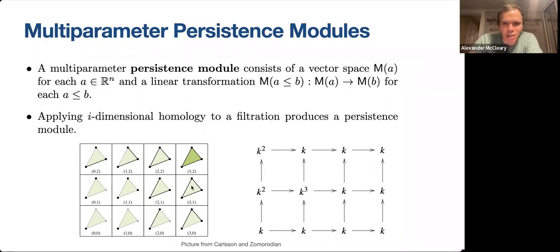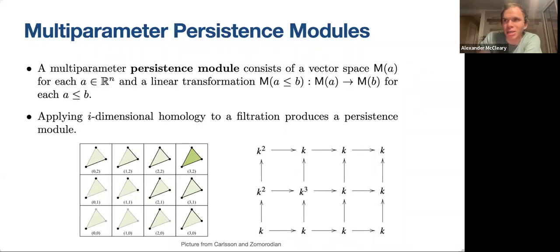And what we get is a vector space for each point in this grid, and a linear map whenever a point is less than or equal to another point. So this right here on the right is what a multi-parameter persistence module looks like. It's basically just a sequence of vector spaces with linear maps in between them.